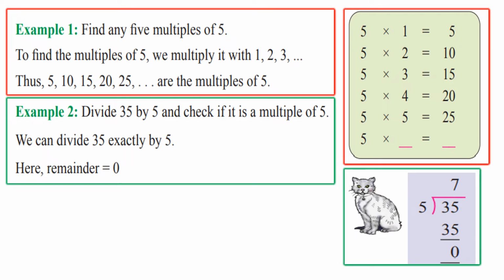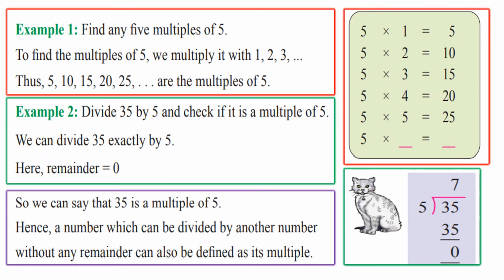So 35 is a multiple of 5. Hence, a number which can be divided by another number without any remainder can also be defined as its multiple.